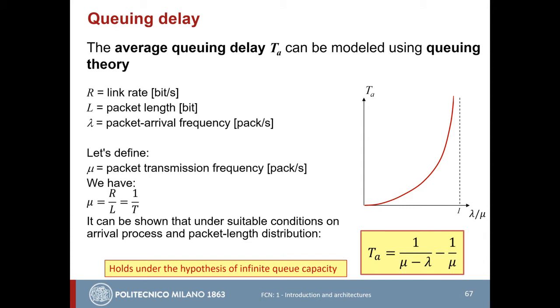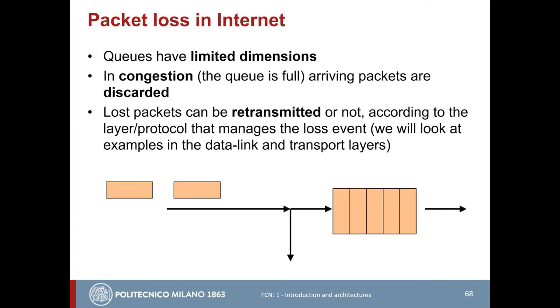As I said, this holds when you have an infinite capacity in the queue. When the queue is of limited size, if the queue is congested and new packets arrive, the packets are lost, discarded.